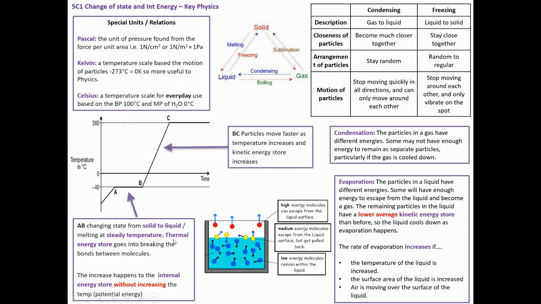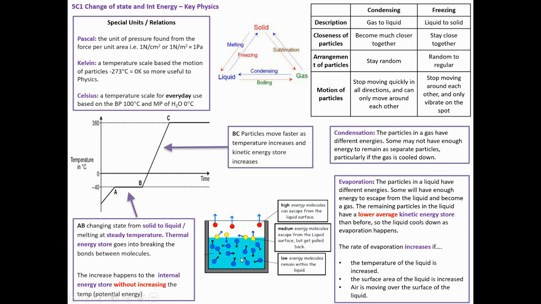The difference is the thermal energy store goes into breaking the bonds between the molecules. When that happens, there is an increase in our internal energy without increasing the temperature. So it's a difference really between potential energy and bonding changes, and kinetic energy, where the actual temperature goes up. You've got to be able to explain it.